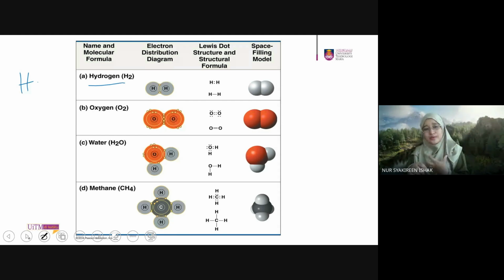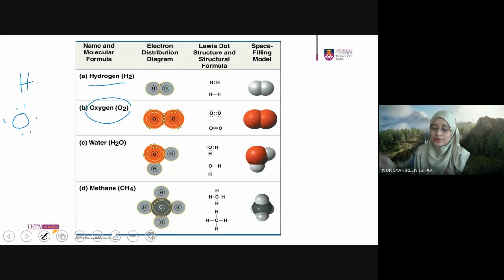Another example of a molecule is oxygen. The air that you breathe in contains oxygen, right? There is a difference between an oxygen atom and an oxygen molecule. An oxygen atom is O only. Oxygen atom individually has 6 valence electrons. It does not obey the octet rule yet, so it has to find another 2 electrons.